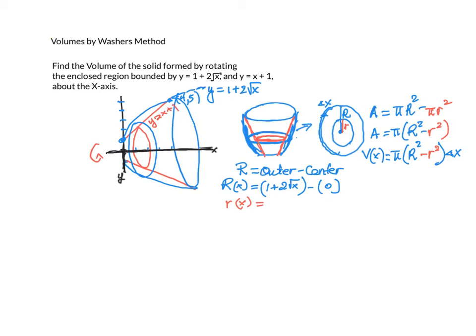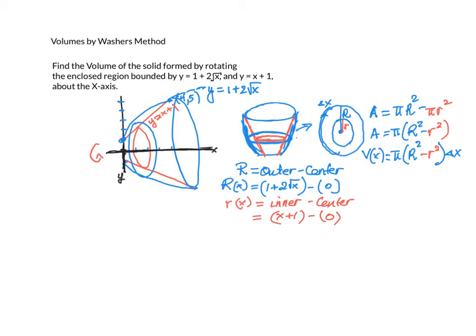So let's write that down. We have inner function minus the center. And the inner function is going to be x plus 1 minus the center function, which is y equals 0. So we say minus 0.